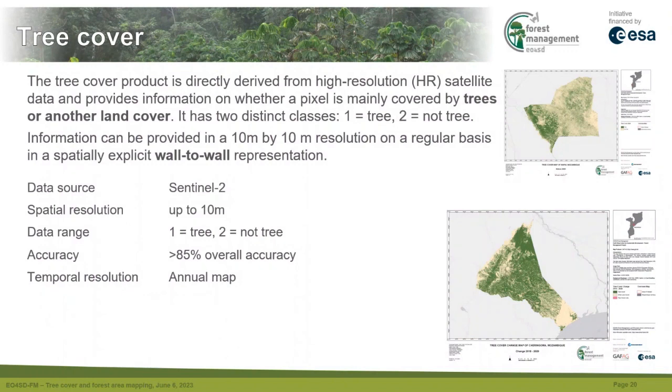All the pixels which represent tree are 1, and all the non-tree, which can be anything except tree, are classified as 2. And you can see the overall accuracy is pretty good, over 85%. These are the products we already delivered during phase 1, last year.